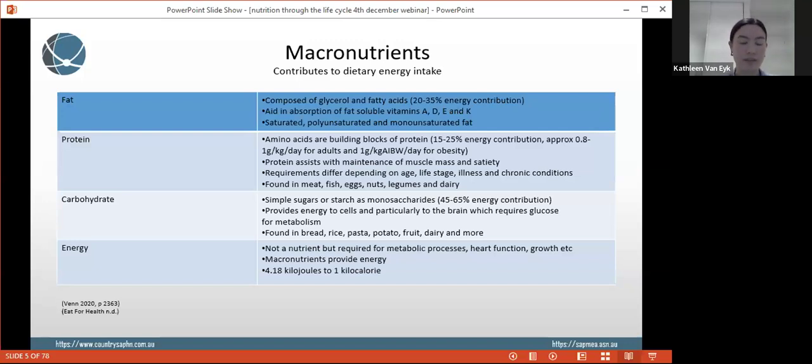And we find them in foods such as bread, rice, pasta, potato, fruit, and dairy. And then energy. It's not a macronutrient, but all of our macronutrients have energy. So we're looking at kilojoules and calories. So if you're looking at how to work it out, it's 4.2 kilojoules to 1 calorie.